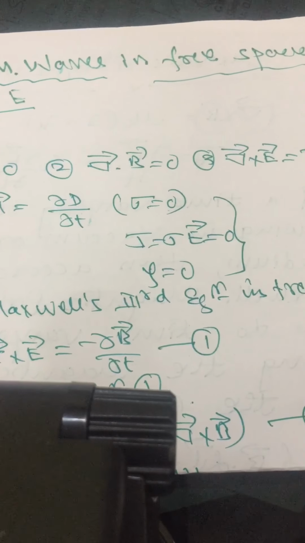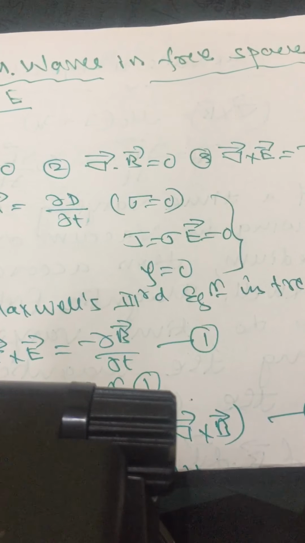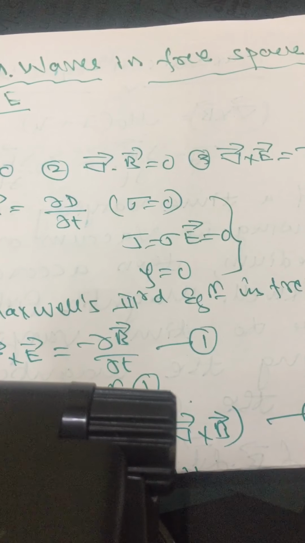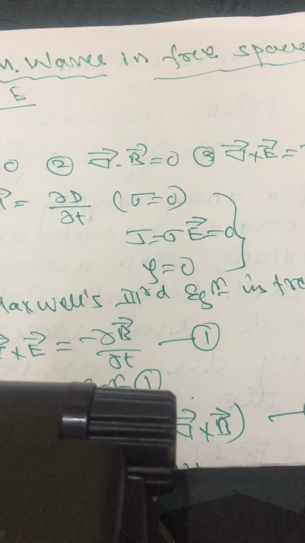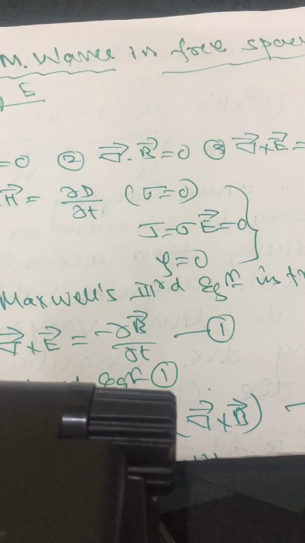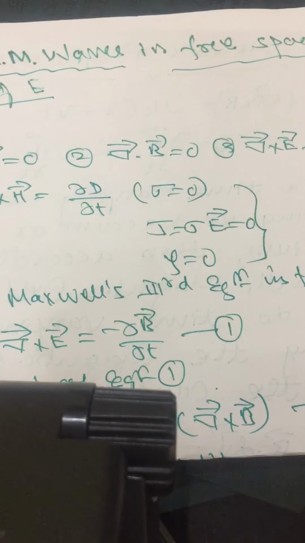In free space, as you know, the electrical conductivity sigma is 0. So naturally current density sigma E is 0 and charge density is also 0. These are the conditions for EM waves in free space.